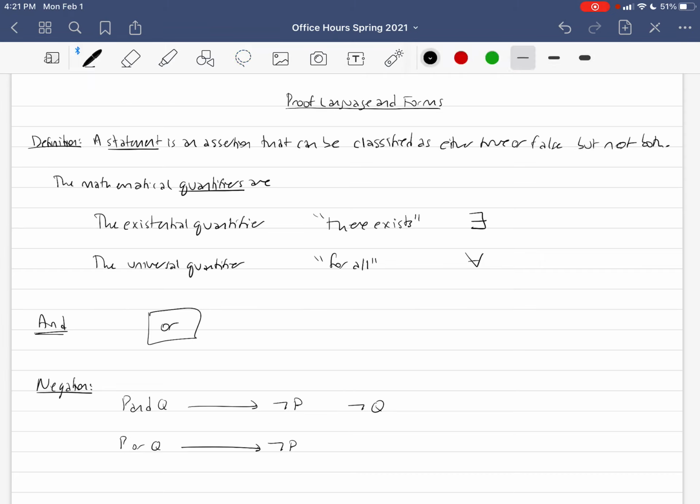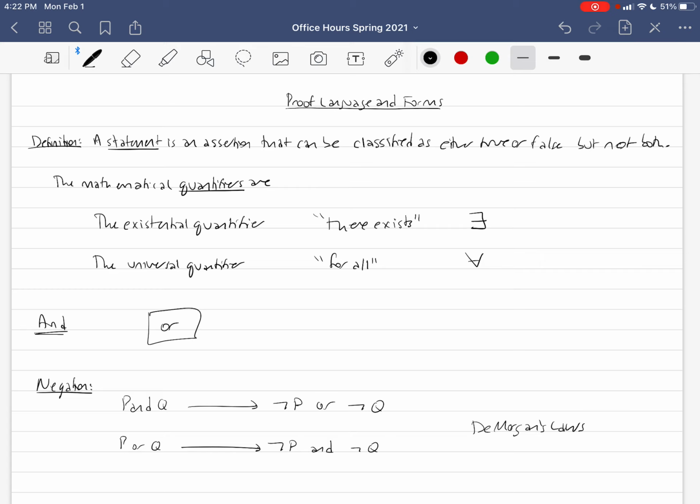Okay. P and Q negates to not P or not Q. P or Q negates to not P and not Q. So not only did I negate each statement individually, but I flipped the quantifier. Together, these are referred to as De Morgan's laws.